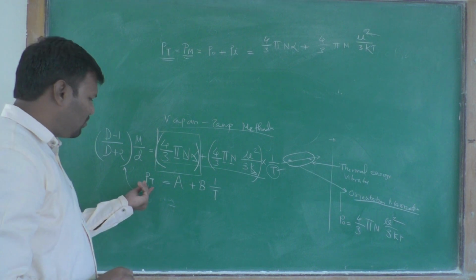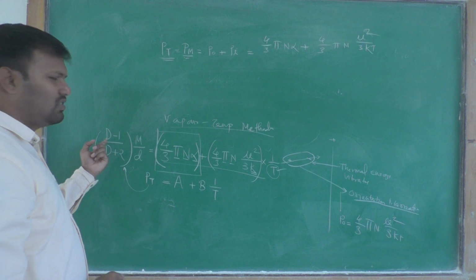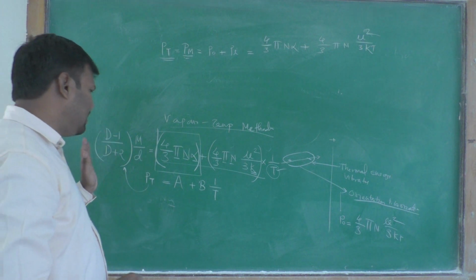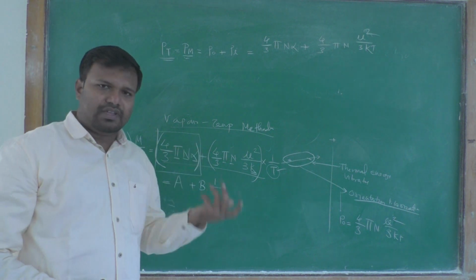Remember that total molar polarization is nothing but (D minus 1)/(D plus 2) times M upon d, where D is the dielectric constant. This dielectric constant we have already discussed in the previous lectures.